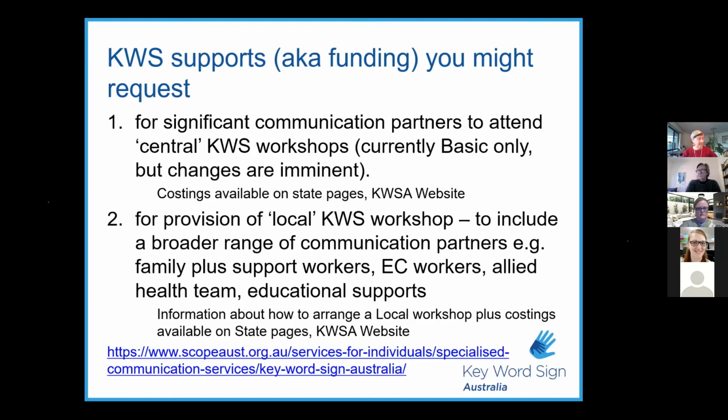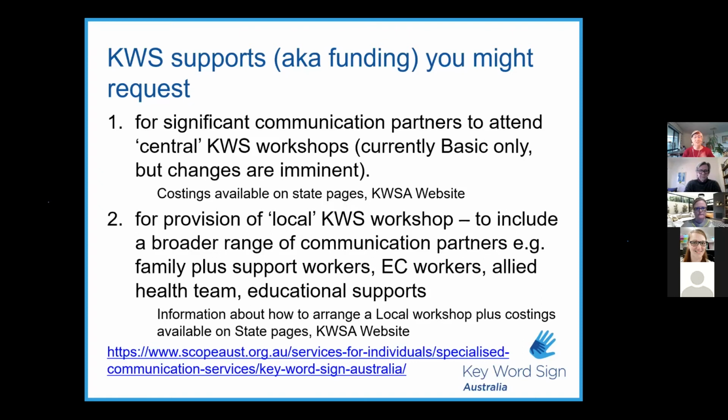Another kind of funding that you could think about is the provision of local workshops. Those are workshops that come to you. You can approach Keyword Sign Australia or your state-based keyword sign organisation or group and ask for what's called a local workshop.